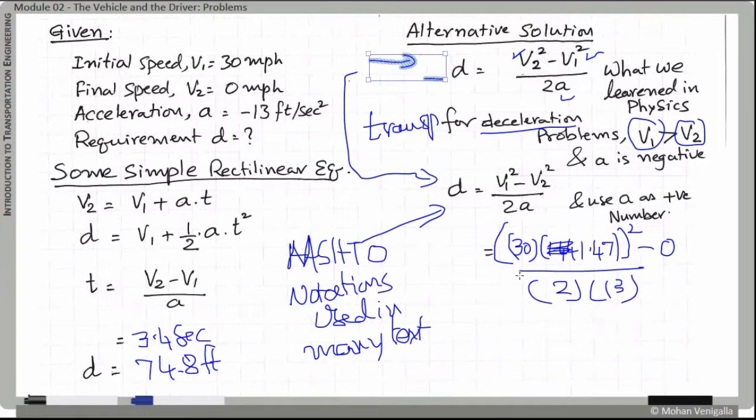Here we are entering the acceleration value. Even though 13 is a deceleration value, we are entering it as a positive sign, and the answer you're going to get is still the same, 74.8 feet. Of course, the truck is still not going to be able to stop in time. And that's the solution. Thanks for watching.